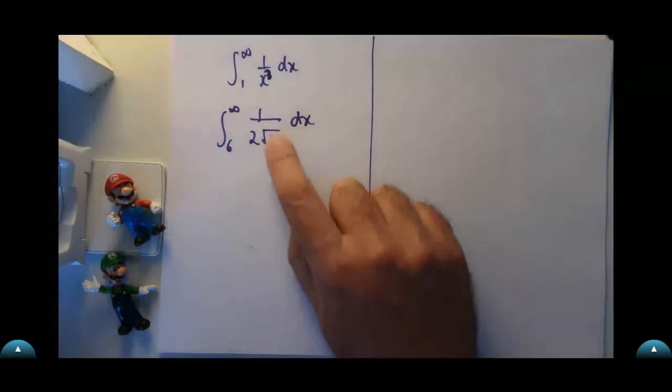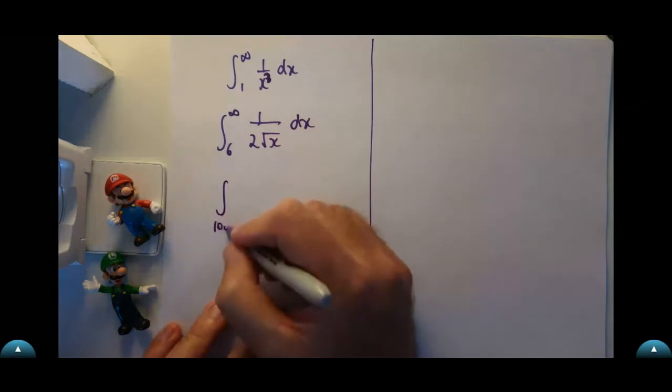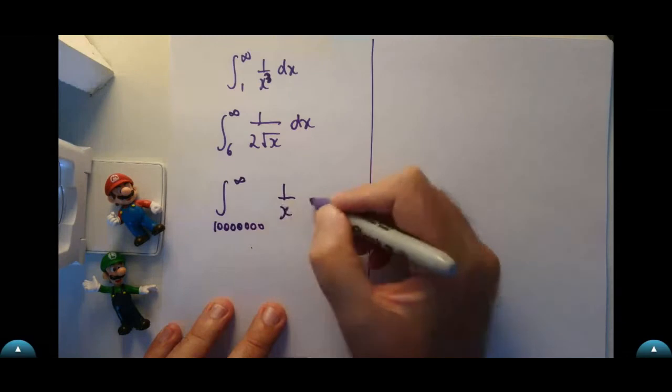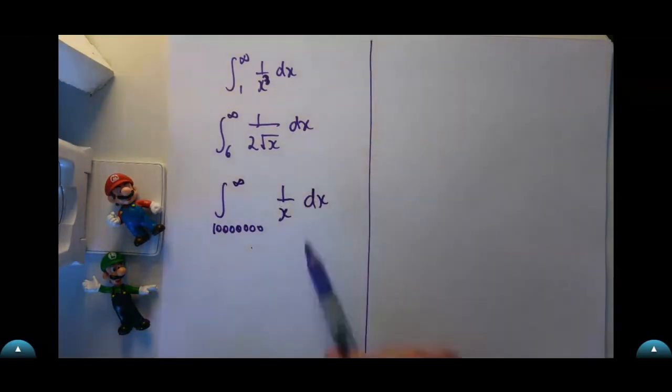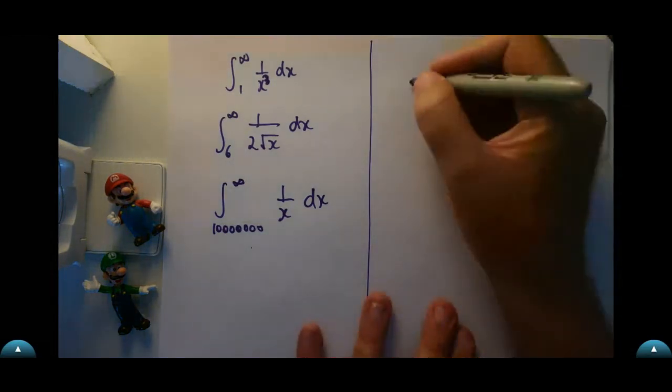So the power p is less than or equal to 1. What about this one? Does that converge or does that diverge? The third one. Definitely diverges. Does it matter that this is a big number? Absolutely not. Okay. All right, let's do a couple more.